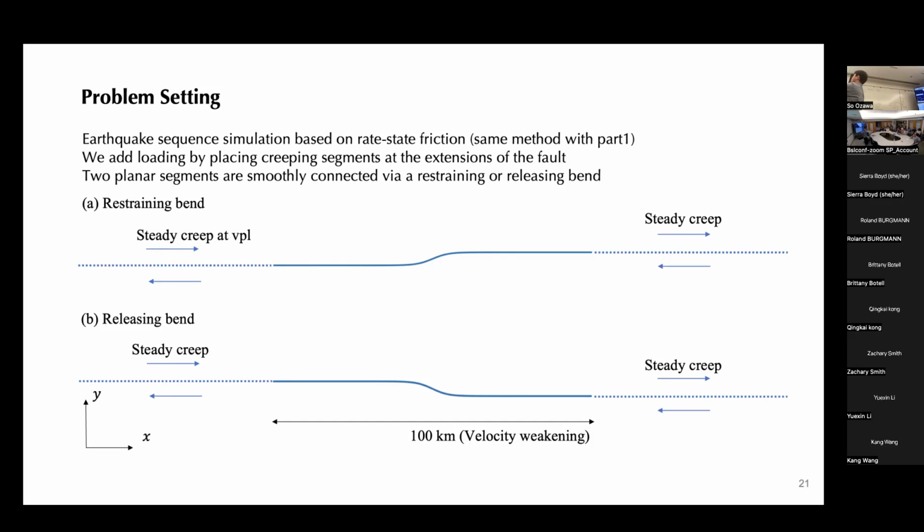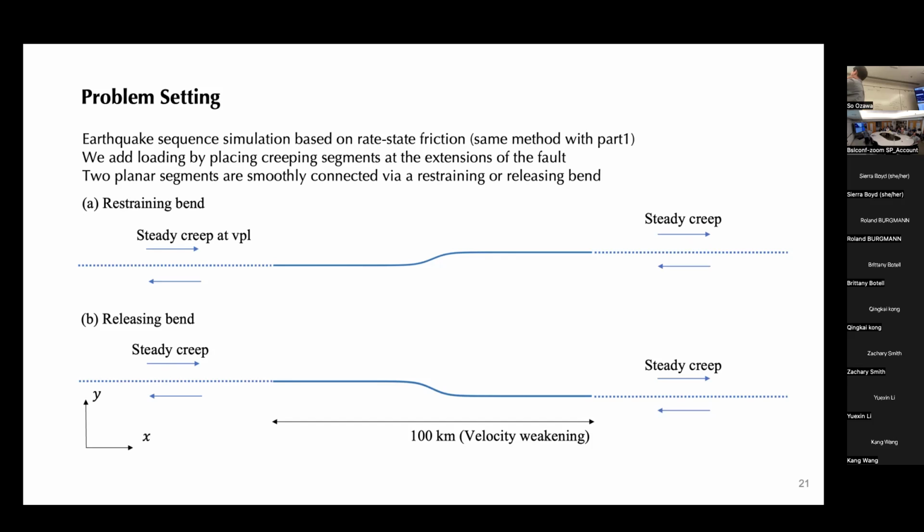So you can see the constant creep here, and the stress increase due to the creep here and also here. So they tend to nucleate at some intervals, depending on the loading rate and the size of the fault.